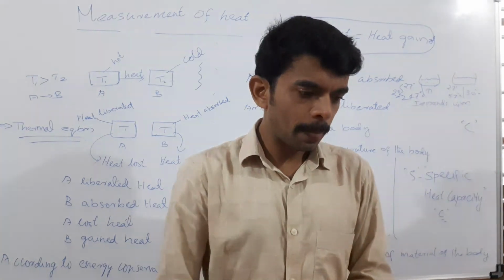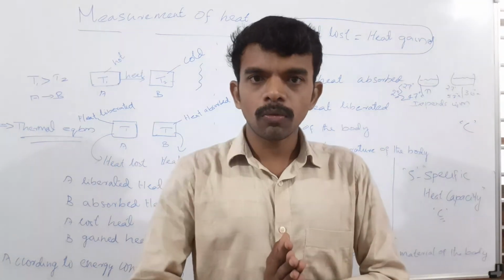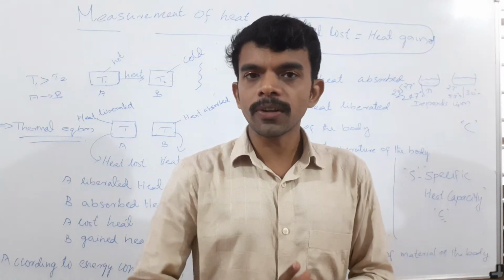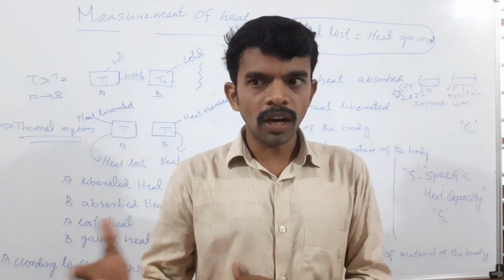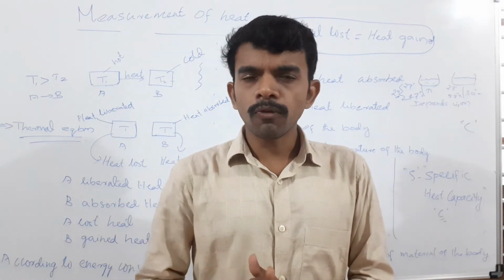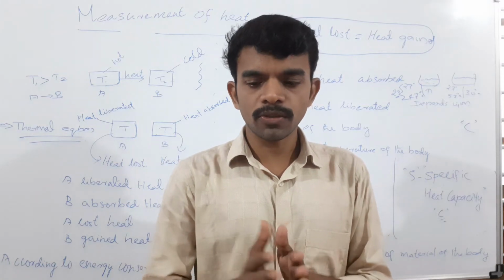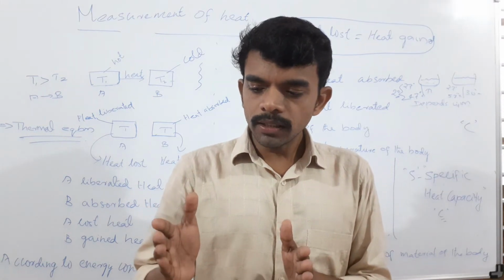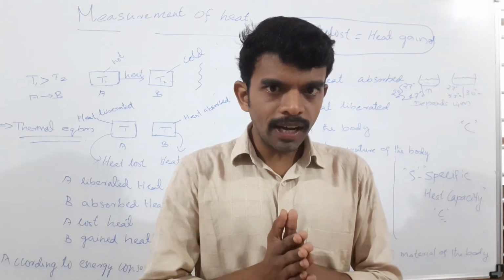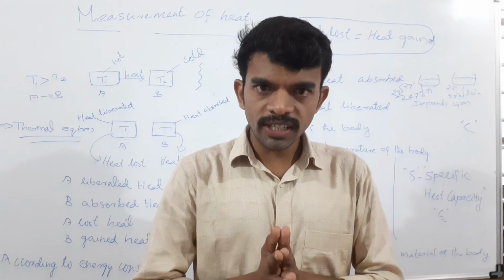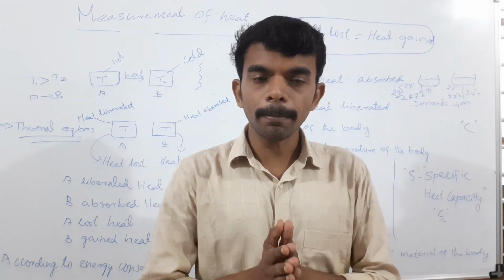For example, we have 1 kilogram of water at 27 degrees Celsius, and another body of iron of 1 kilogram mass. So both iron and water are at a temperature of 27 degrees Celsius and have a mass of 1 kilogram each.